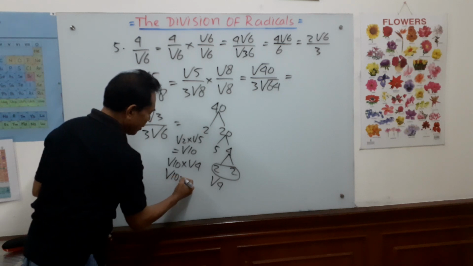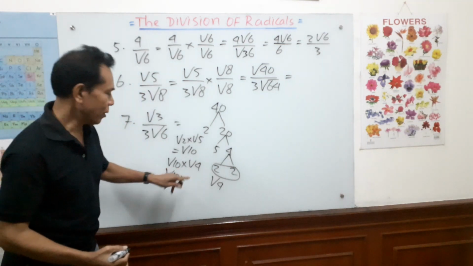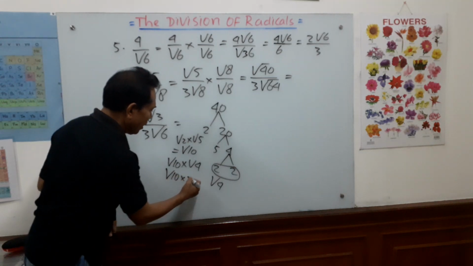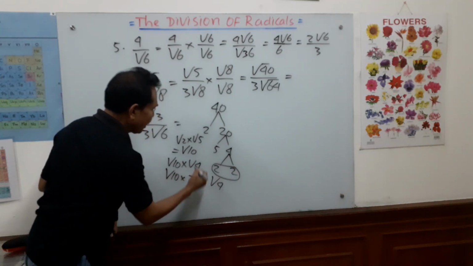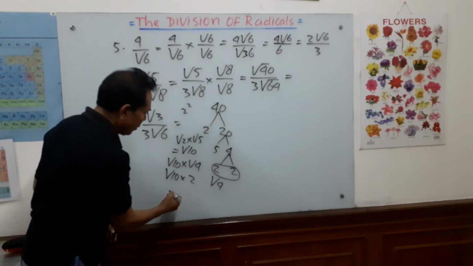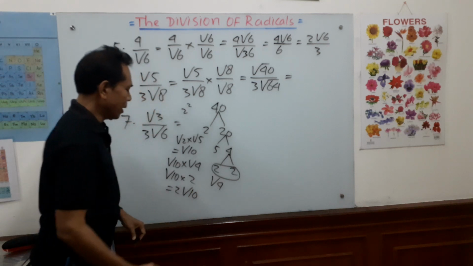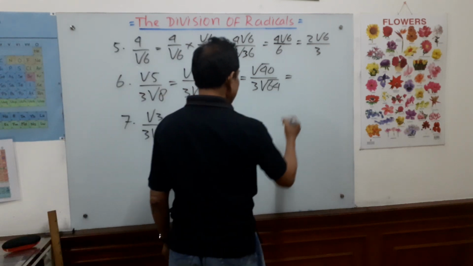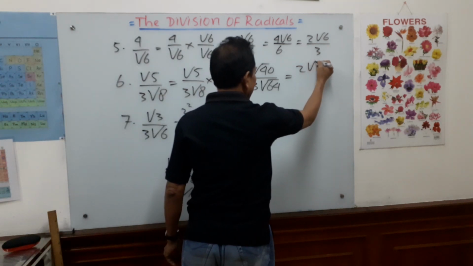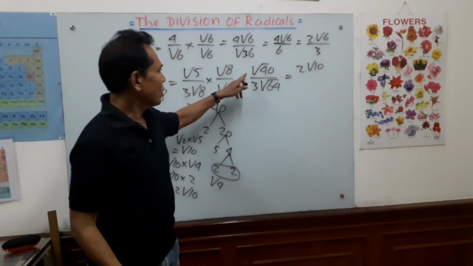So we put here square root 10 times square root 4. Now square root 4 is a perfect square. It is 2, it comes from 2 squared. Now square root 10 times 2 equals 2 square root 10. So 2 square root 10 is the simplified form.